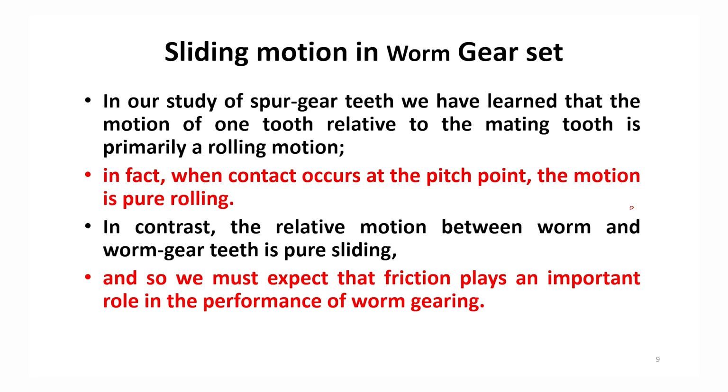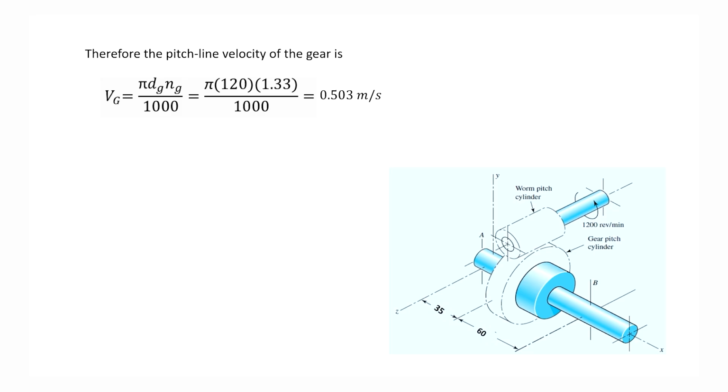Therefore, the pitch line velocity of the gear is Vg equal to pi dg, the pitch circle diameter of the gear, times the revolutions of the gear, divided by 1000. dg is 120 mm and the revolution of the gear is obtained as 1.33 revolutions per second, and so Vg is 0.503.